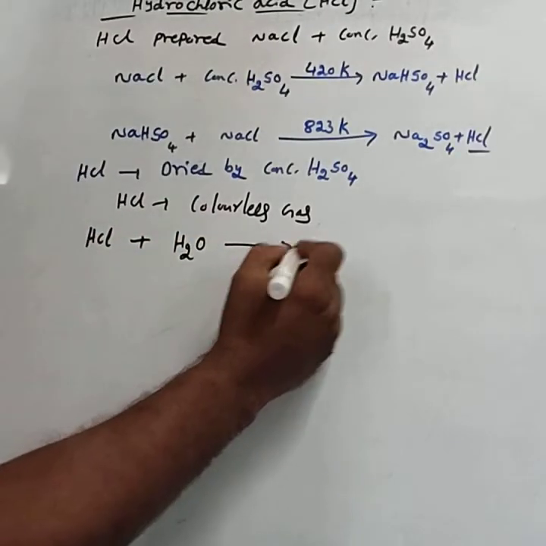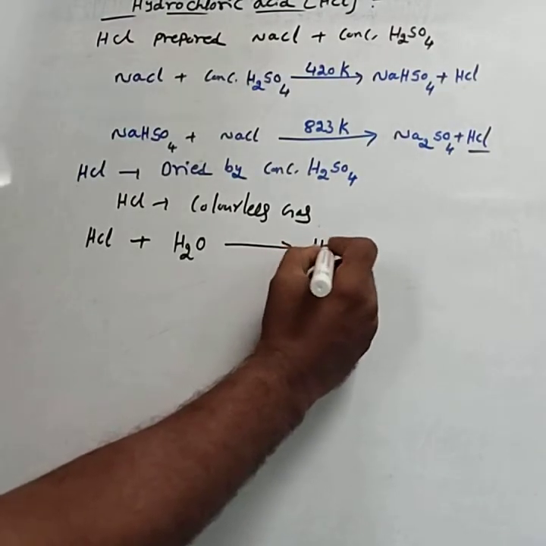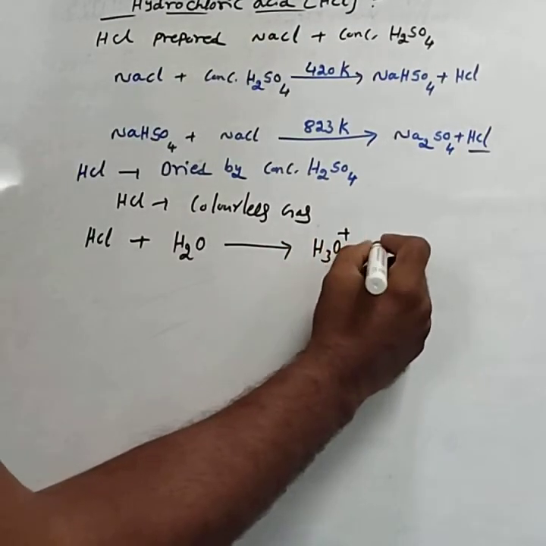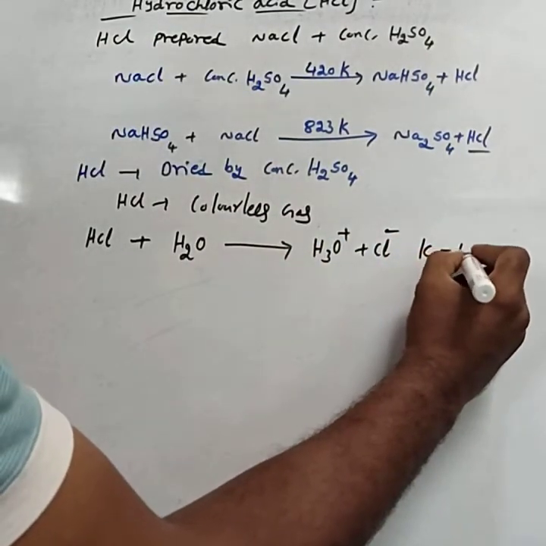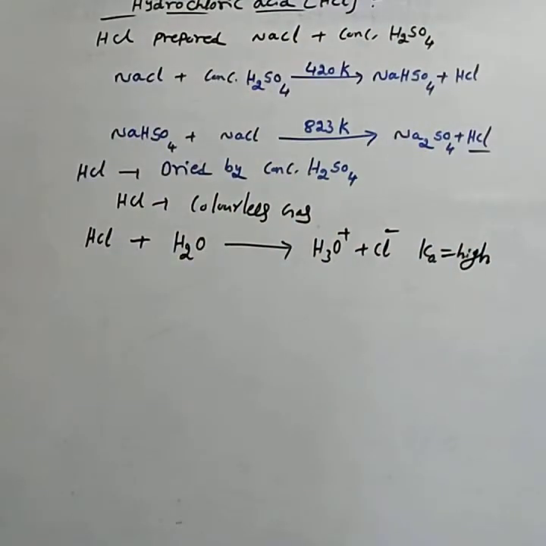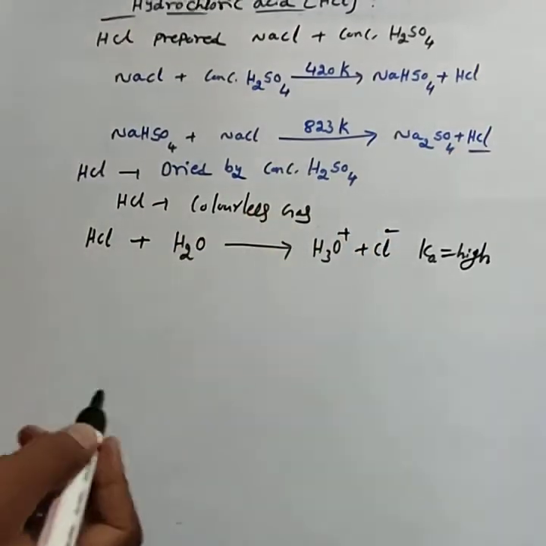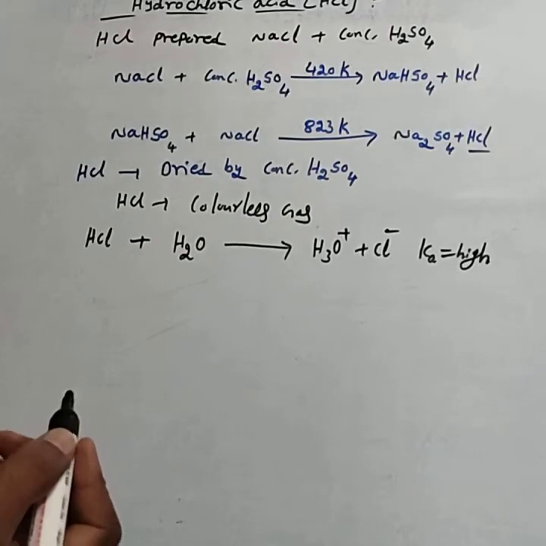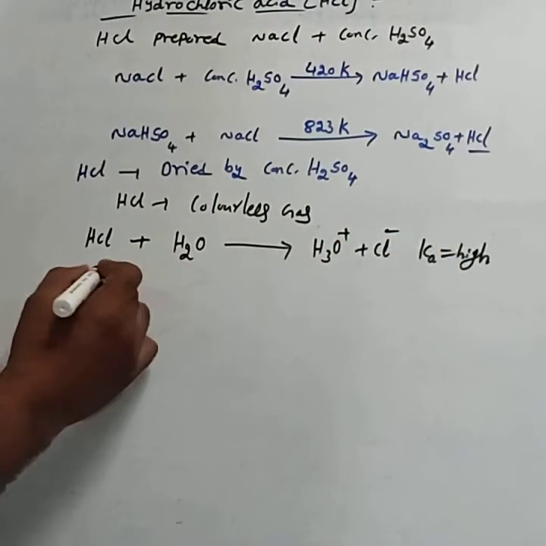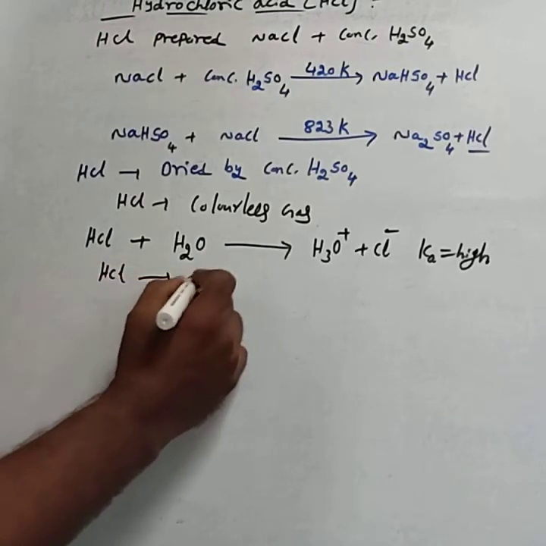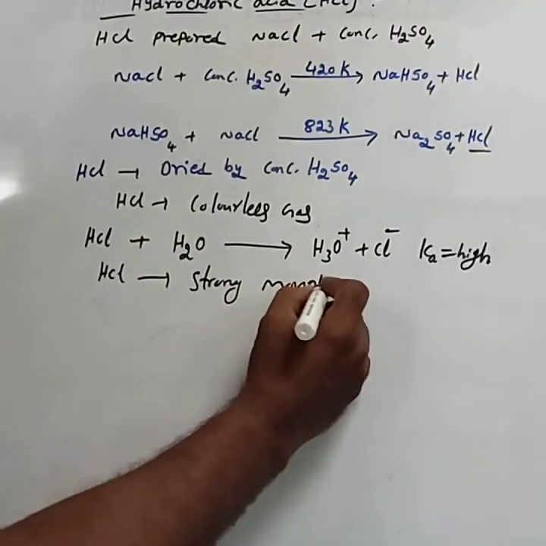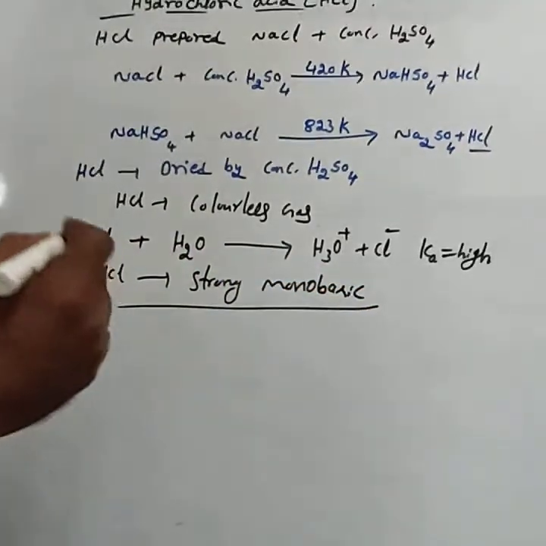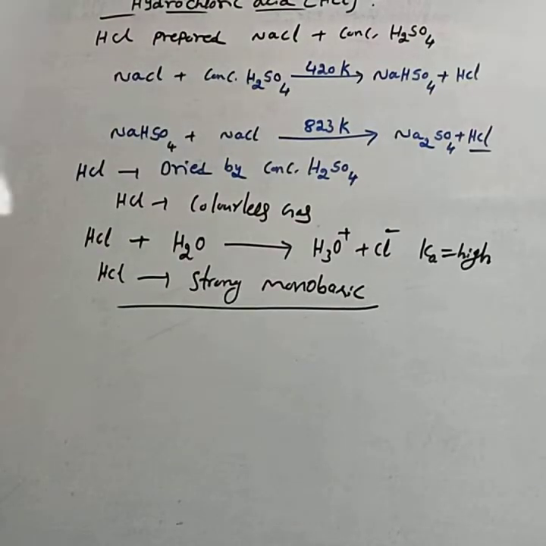When HCl is dissolved in water, it donates the proton and forms the H3O+ hydronium ion and Cl minus. The Ka value for this reaction is very high. Due to the very high Ka value, HCl is a strong monobasic acid. It donates only one hydrogen atom, hence the basicity value is 1.